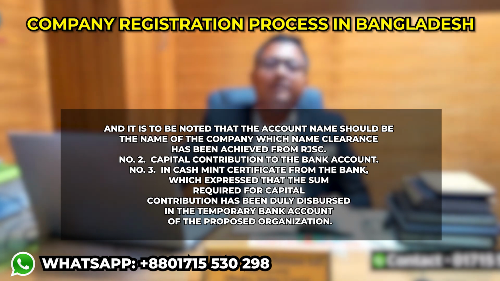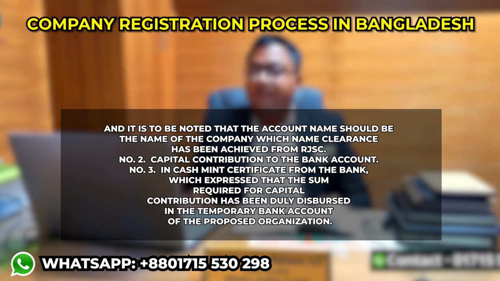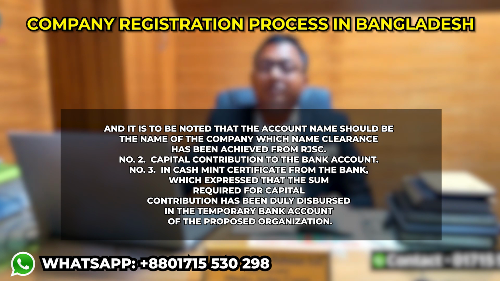It is to be noted that the account name should be the name of the company for which name clearance has been achieved from RJSC. Number 2, capital contribution to the bank account. Number 3, encashment certificate from the bank which expresses that the sum required for capital contribution has been duly deposited in the temporary bank account of the proposed organization.